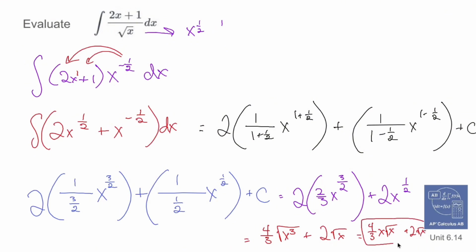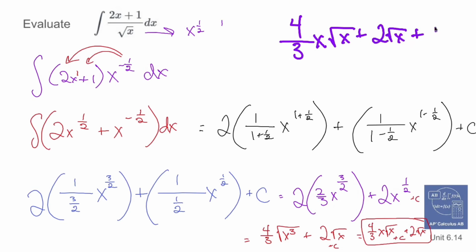I'm going to leave it like that. Not pretty. Definitely not pretty. I'm not happy with the way I ended it. But you know what? It's correct and it's good. And I forgot my plus c. That was a close one. Oof. Definitely not my finest work. Let me quickly rewrite it up here where I have all this wonderful space. And I'll even use a thick pen. 4/3 x root x plus 2 root x plus c. Now everyone's happy, especially me. Ooh, I rhymed. Like and subscribe.